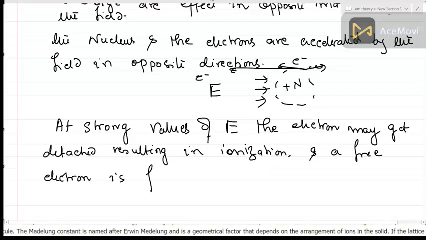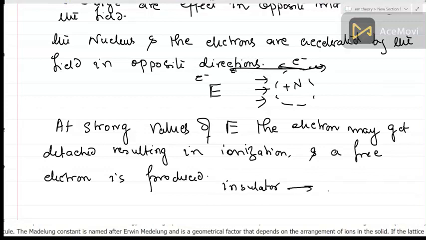It is getting a positive charge because one negative charge is lost, and a free electron is produced. And this free electron is capable of conducting the electric current. So what was an insulator at strong values of electric field is becoming a conductor. This is the transformation that is occurring, and of course the fields required are very high.